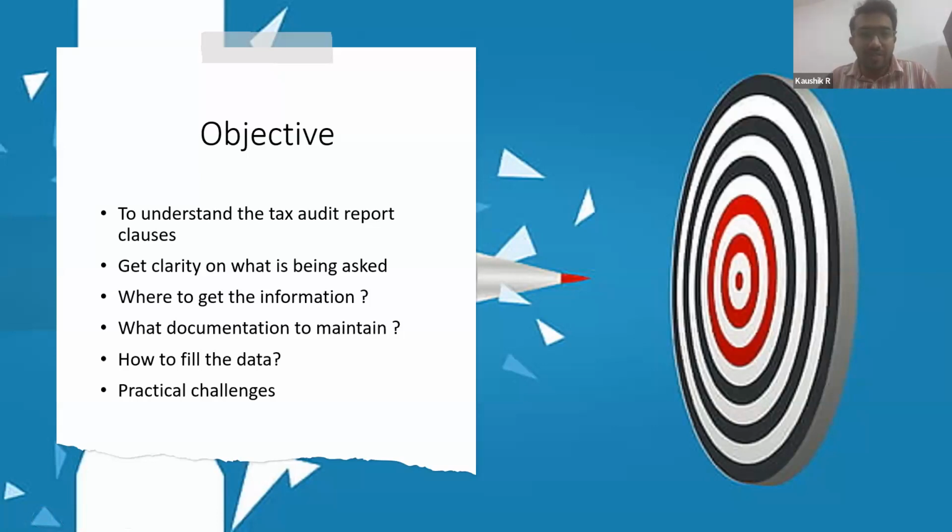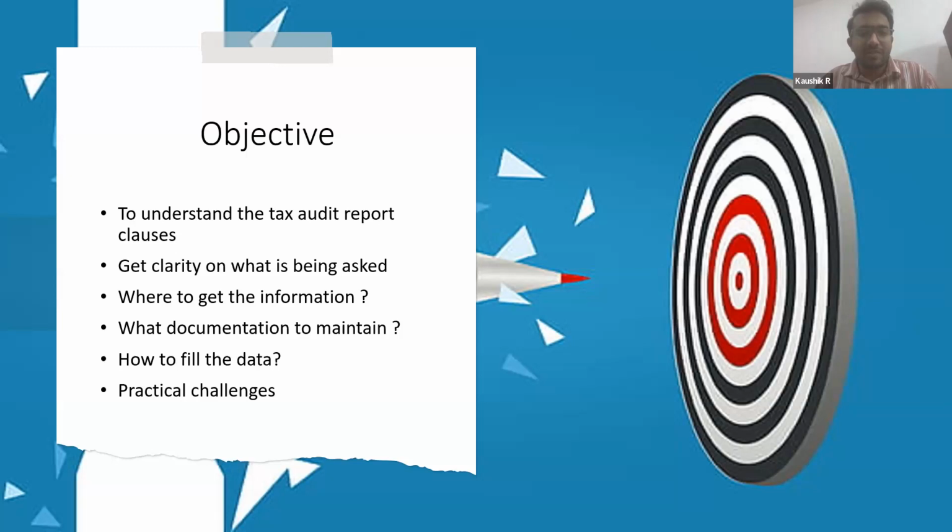If we don't have an understanding of the clauses, then it's not useful for us. We will not be able to answer what they're asking properly. The questions are sometimes very tricky in the form 3CD, so we should get clarity of what they are asking so that we can answer it properly.